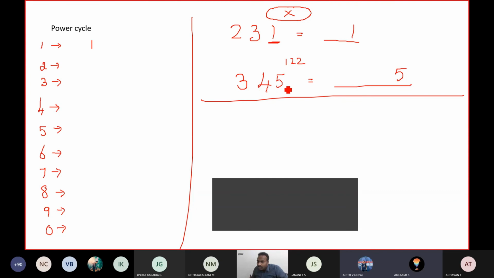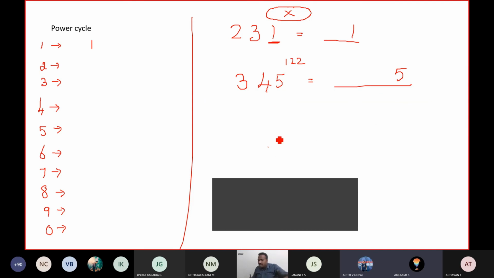What do you mean by 345 power 122? Which means 345 into 345 into 345, and it goes on like this for 122 times. Just multiply these two. 5 5s are 25. The last digit is 5. Again, multiply this with this number. 5 5s are 25. The last digit is 5. So it goes on. When the last digit of the base value is 5, again you don't have to worry about what is there in the power value at all.